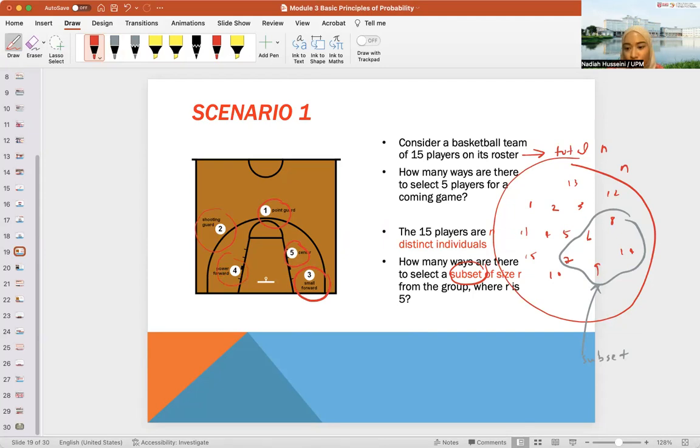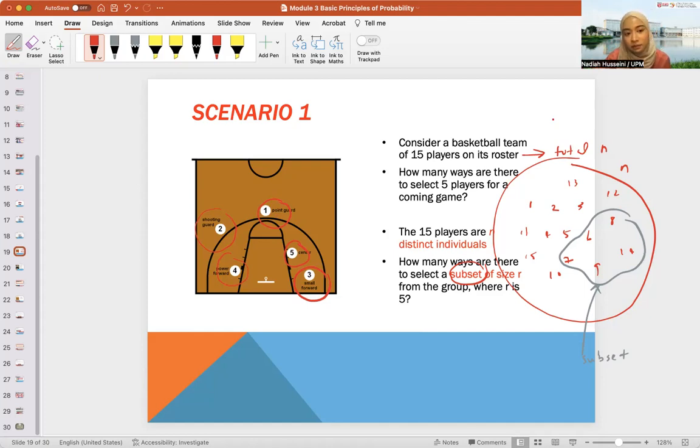So not only is it hard selecting 5 out of the 15, it is also very hard to know the possible number of ways of selecting point guards, shooting guard, and so on. So you have that going on for this scenario.